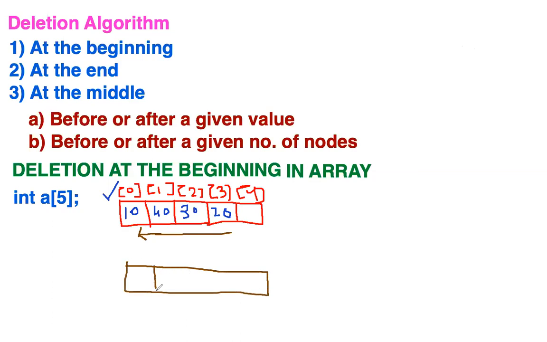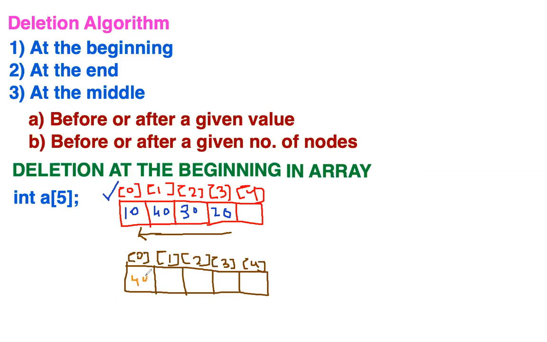This is in case of a static array. The indices remain the same, no change in indices. But the elements which were on the right hand side now start from index 0.